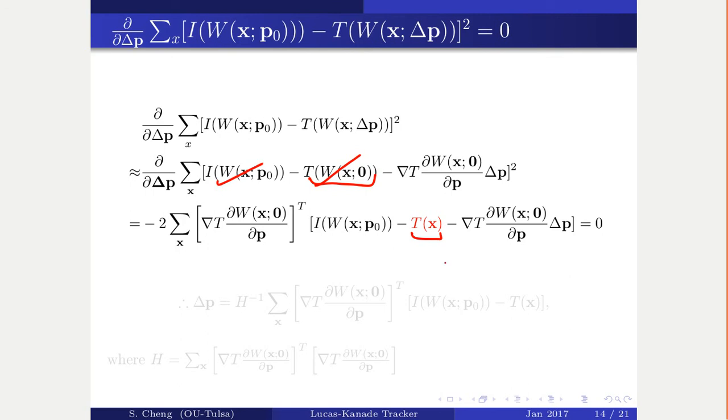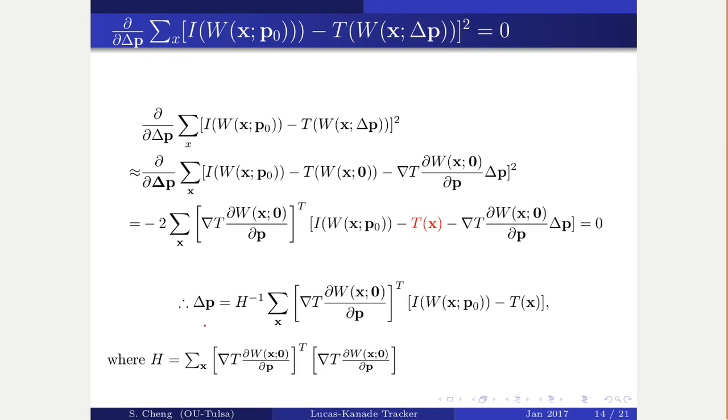Then we can rearrange the terms like last time to find delta p, and we will get this. It's a very similar equation, but note that this time the Hessian, this H here, is equal to the gradient of T multiplied by the Jacobian of W with respect to p.